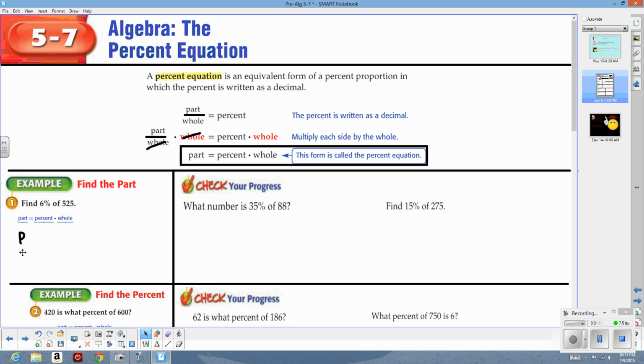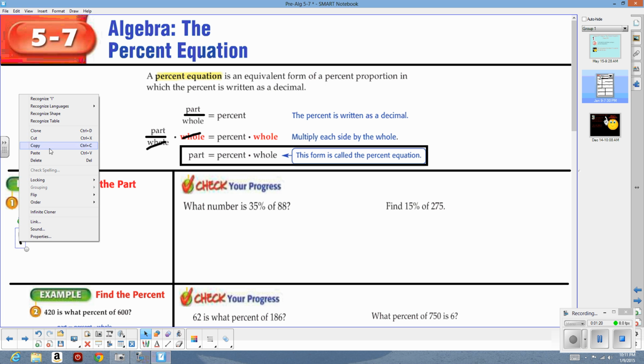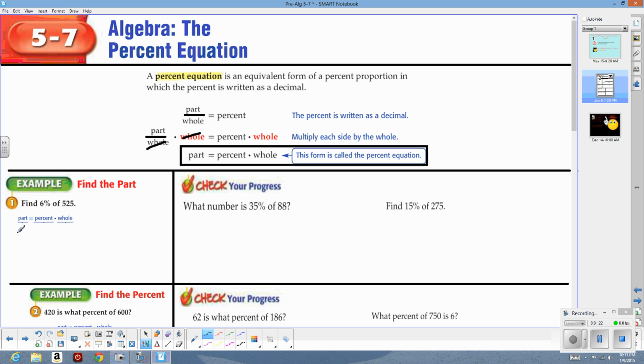Actually, I'm not going to use P, I'm going to use N. N, or the part, is equal to the percent written as a decimal. 6% as a decimal, remember, is 0.06, or 6 hundredths, times the whole, and the of 525, remember, of signifies the whole amount. So the part is going to equal 0.06 times 525.